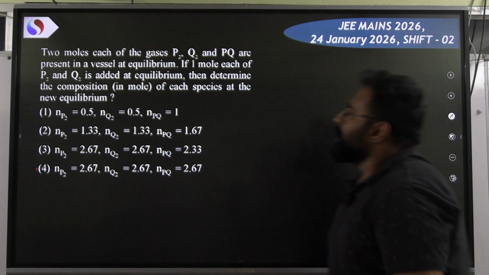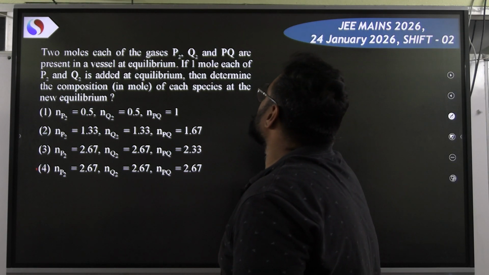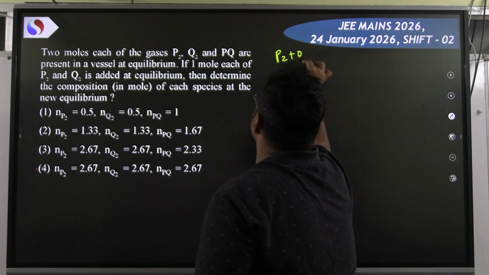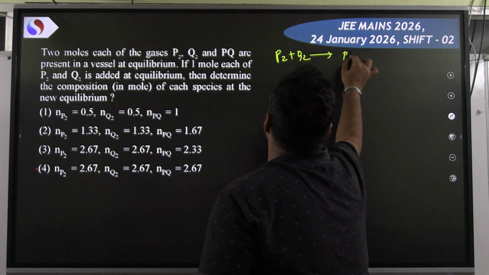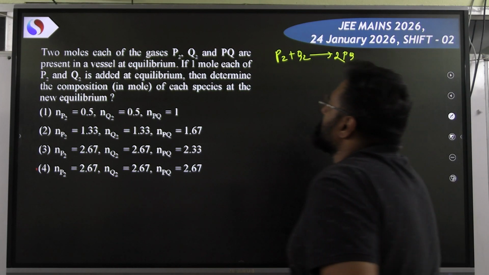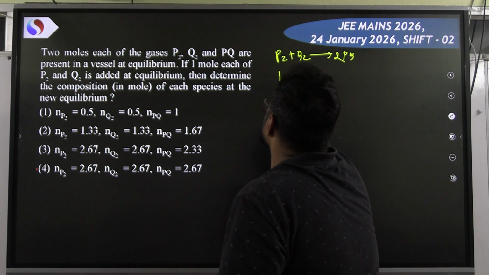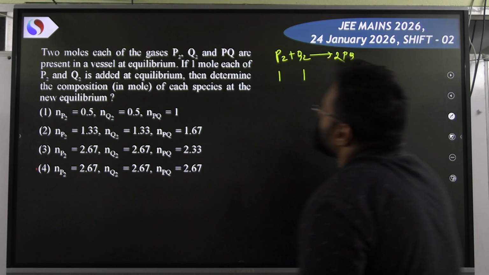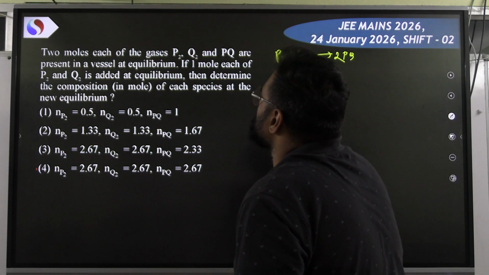Next question. 2 moles of each gas, P2 plus Q2 giving PQ, are present in a vessel at equilibrium. If 1 mole of each is added at equilibrium, determine the composition of each species at the new equilibrium.